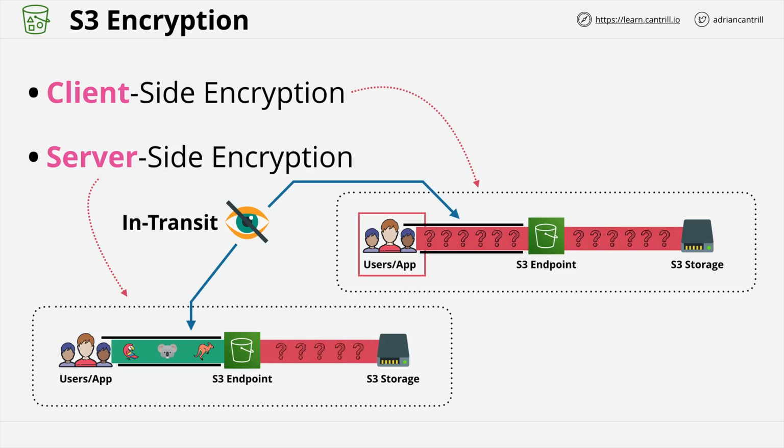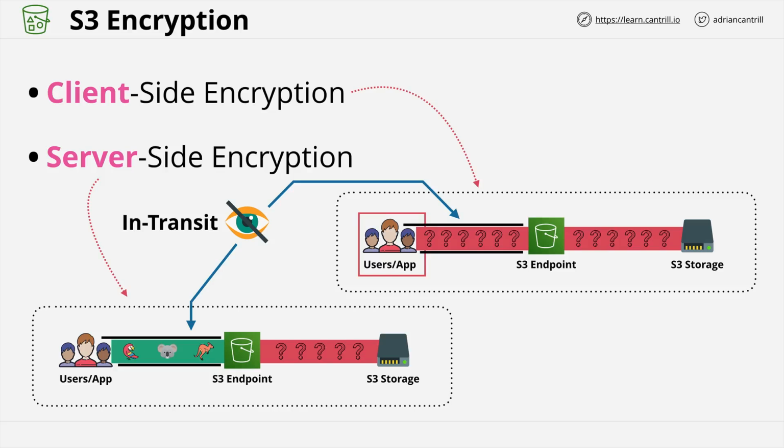The high-level difference is that with client-side encryption, everything is yours to control. You take on all the risk and you control everything, which is both good and bad. You take the original data and you are the only one who ever sees the plain text version of this data. Using client-side encryption, you generate a key, you hold that key, you manage that key, you are responsible for recording which key is for what file, and you perform the encryption process before it's uploaded to S3, and this consumes CPU capacity.